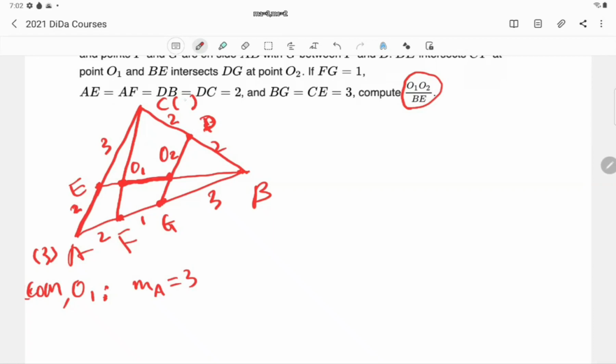Right, C is 2, because 2 times 3 is equal to 3 times 2. And B, what's the mass at B? Can somebody tell me what's the mass of B? Okay, 2. Okay.